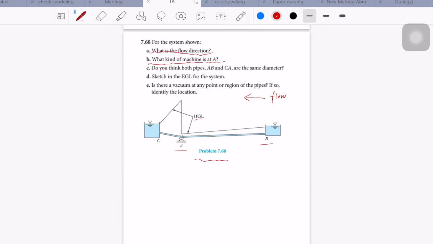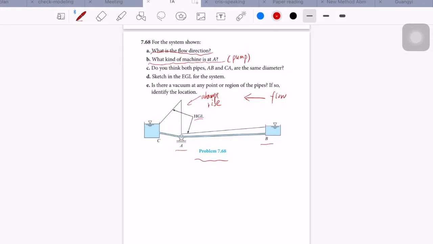The machine is a pump, since it can cause an abrupt rise in the EGL and HGL by adding energy to the flow. So we can see there is an abrupt rise, so the machine is a pump.